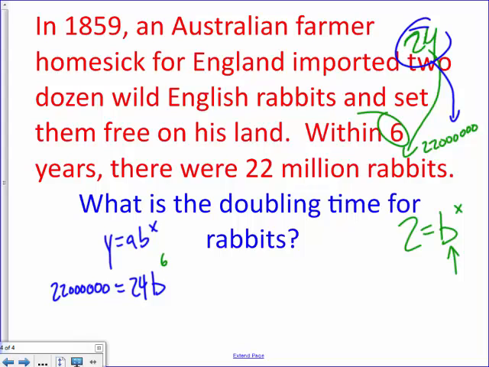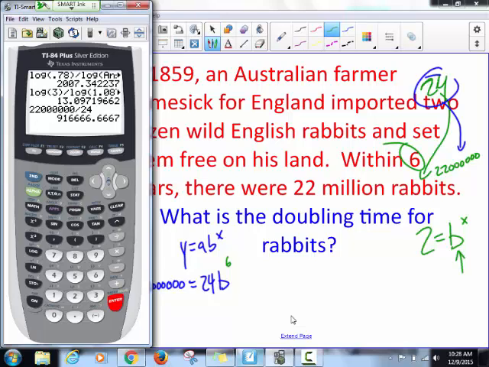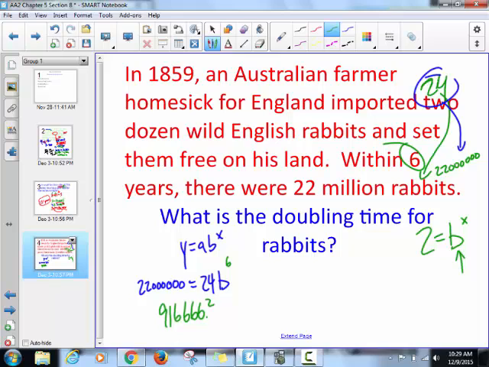So we need to solve for b. I've got to take 22 million divided by 24, and I get 916,666 and 2/3, I think, equals b to the 6th. To get rid of that 6, we have to take it to the 1/6 power.